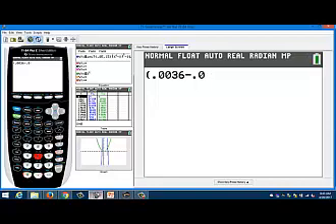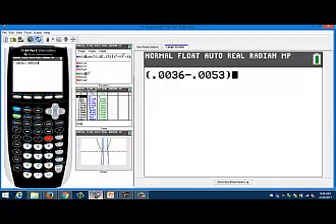There it is. Okay, and then once I have that, I close my parentheses.